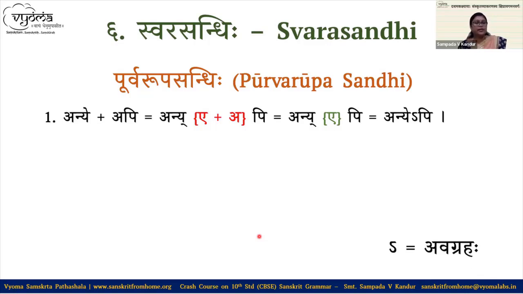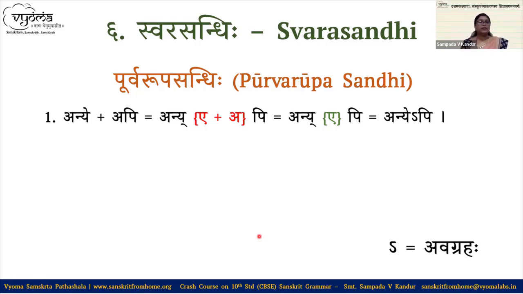When we have Hrasva Swara in the Uttarapada and it remains the same, at the place of the Uttarapada A Swara, we get this S sign. It is called Avagraha. It is Pluta Swara, extension of that Swara. Okay, this is called Purvarupa Sandhi.